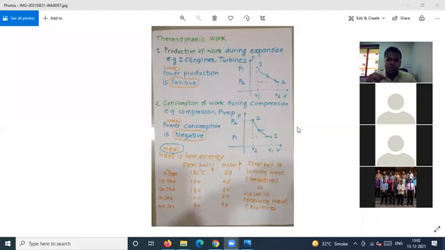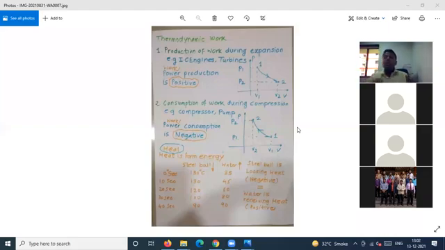We will manually derive them for 5 processes: constant pressure, constant volume, constant temperature, constant entropy, and polytropic process. For all these 5 processes, we will establish a relationship between pressure, volume, temperature.